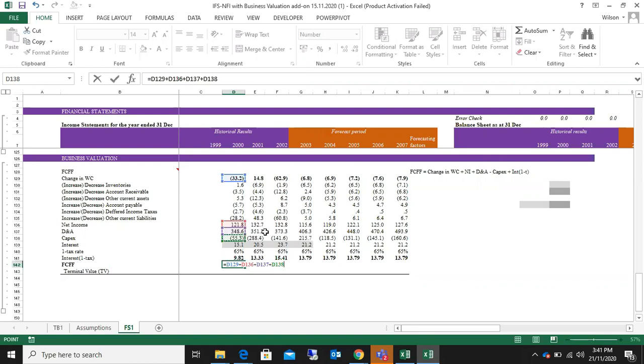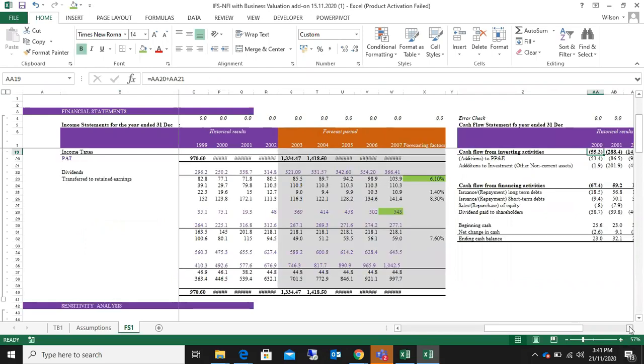I think it's only here that we are having it as an inflow, and that's quite surprising. I have to check what actually happened there, why we are having capex as an inflow. Okay. Now, the next is plus interest times 1 minus tax, which is this. So enter. Okay, so let's see what happened here for capex.